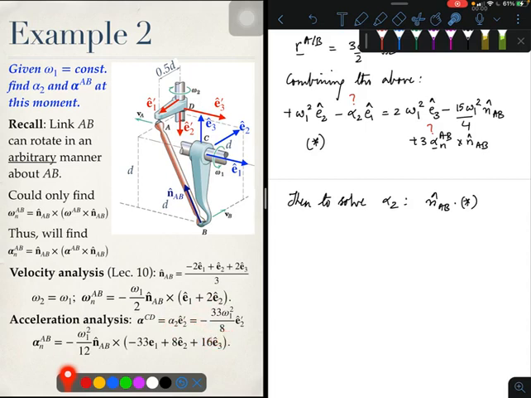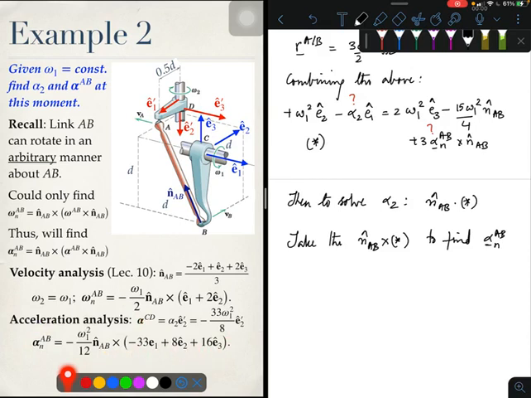So alpha 2 is now known, and once I know alpha 2, I can go ahead and solve for alpha AB n by taking the cross product of star with n to find alpha AB n, which I have done here on the left again. You can carry out the calculations. Hopefully the ones I have over here are correct.